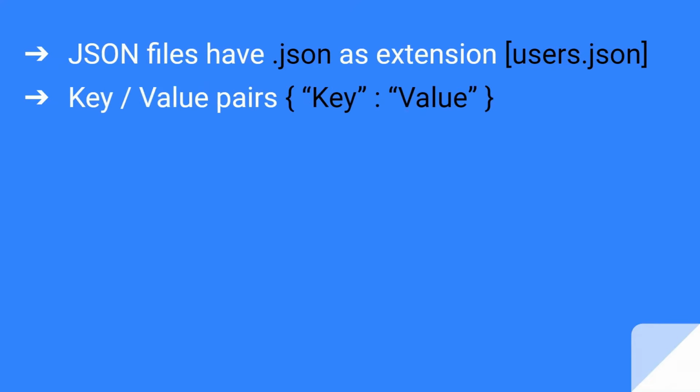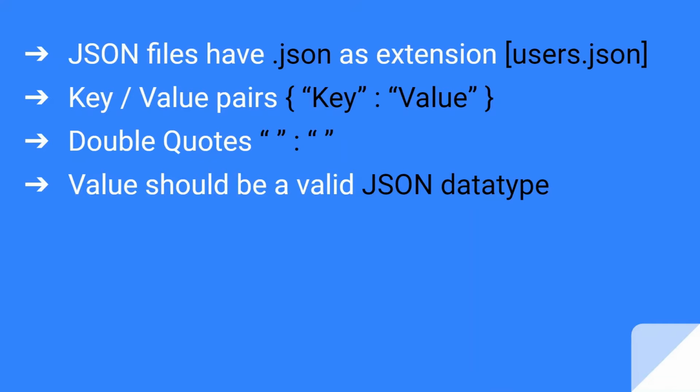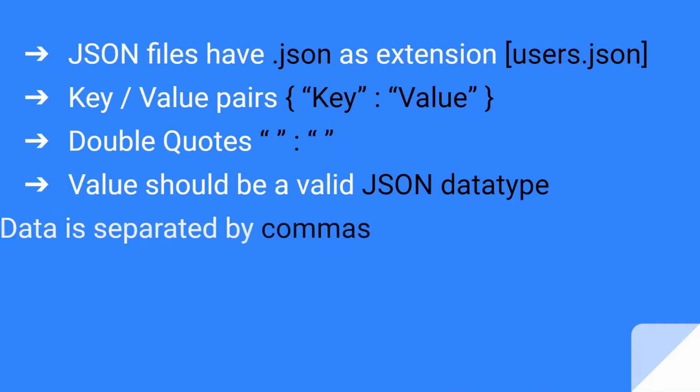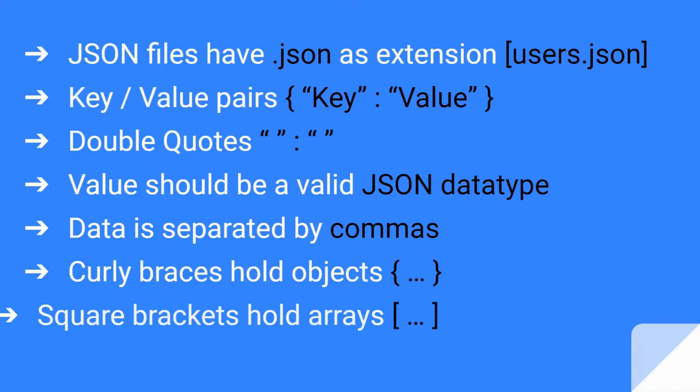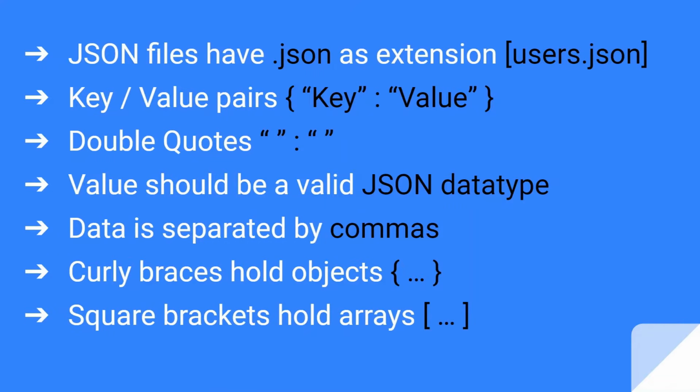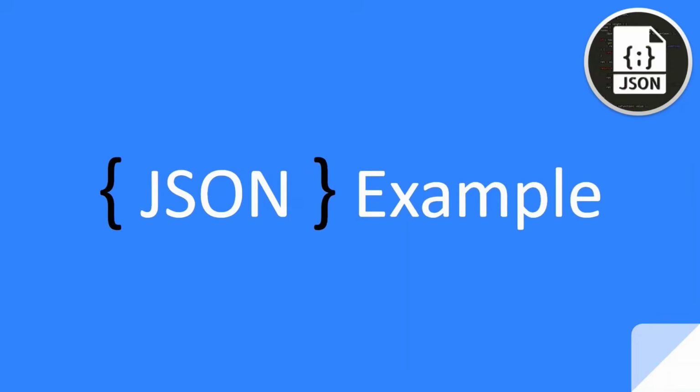Next, you always represent data in JSON as key and value pairs, where you enclose the key with double quotes and represent the value with one of the valid data types that we saw in the previous slide. Next, you separate multiple data with commas, and curly braces hold objects while square braces hold arrays. Let's take a look at how a JSON file looks with an example.